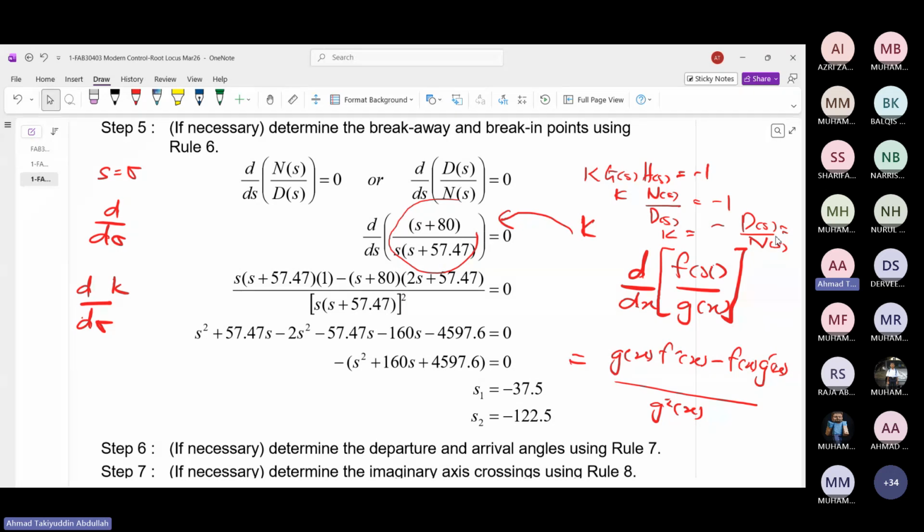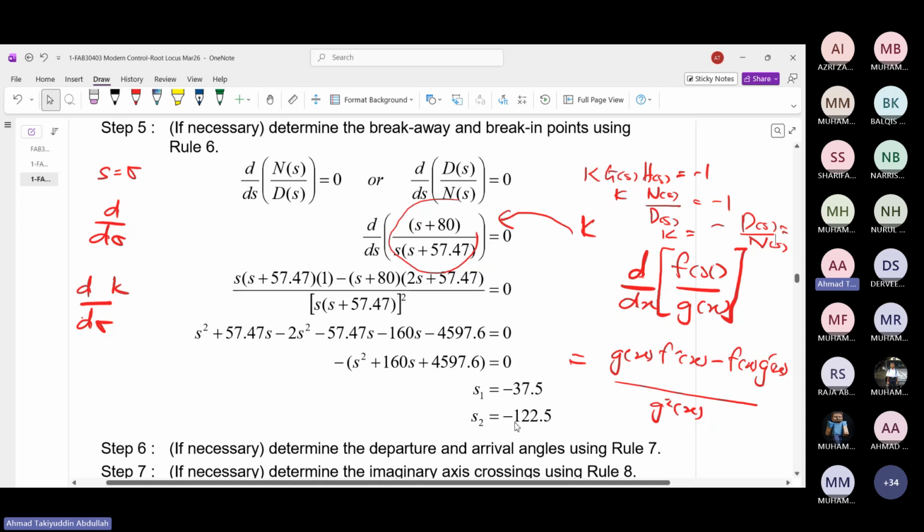You don't really have anything to bother about regarding the arrangement of D(s) and N(s). You can have it as d over ds of N(s) over D(s) or d over ds of D(s) over N(s). It will turn out to be the same answer. Okay, hopefully you can get this S1 and S2.